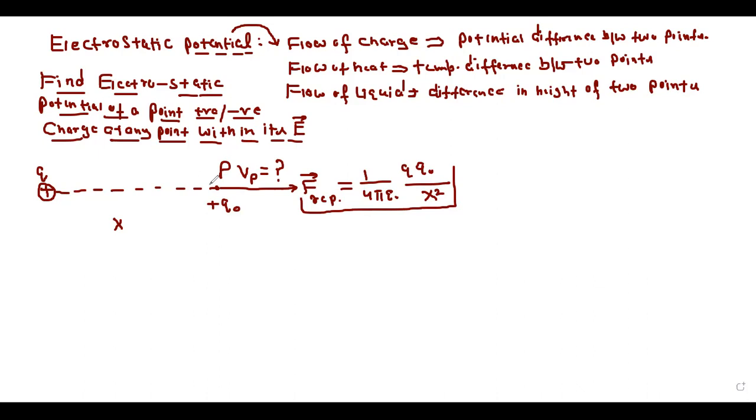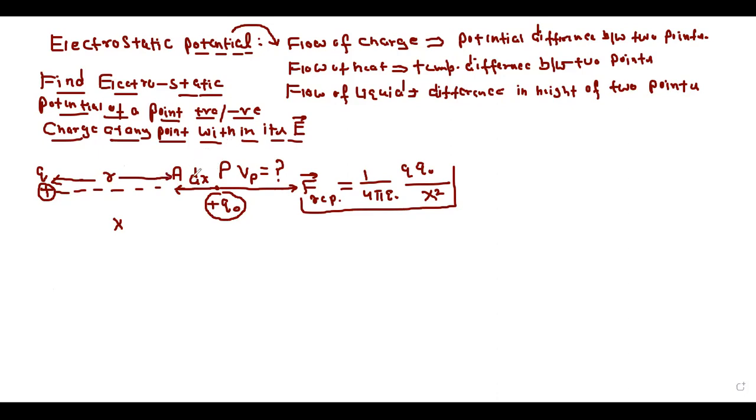If I do one experiment, I want to move this positive charge plus q naught from this point P to some new point A, which is at a very small distance dx from P, and at a distance r from this real charge.